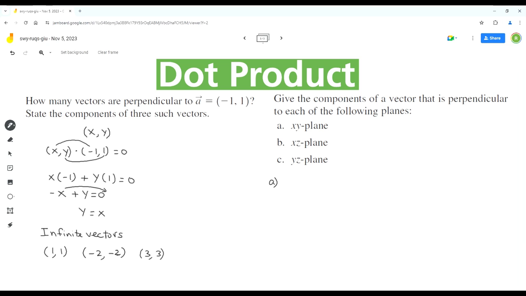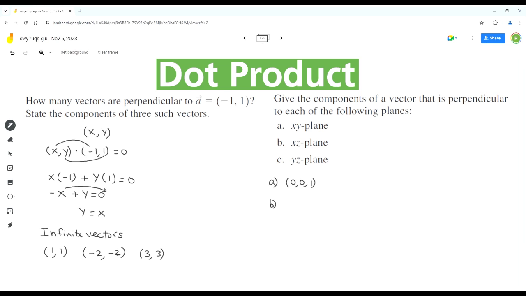So any vector that lies on the z-axis will be perpendicular to xy plane, and a vector that lies on the z-axis will have x and y components as 0. So one example of a vector that can lie on the z-axis is 0, 0, 1. So this can be the final answer for part A.